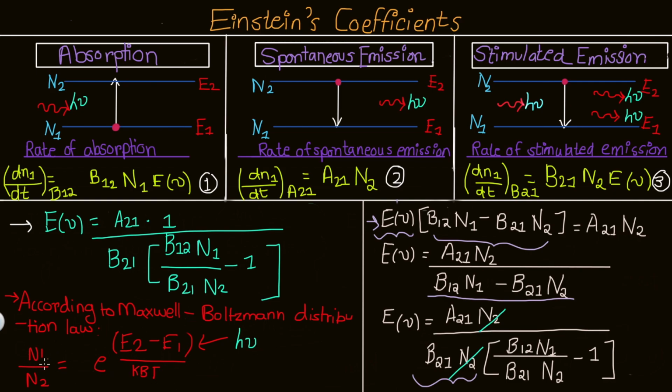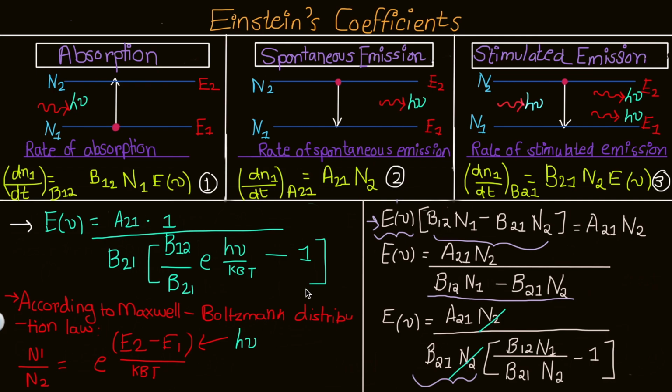Now if I plug in N1 divided by N2 over here, then I will get the following: e to the power of h nu divided by k b T, take away 1.